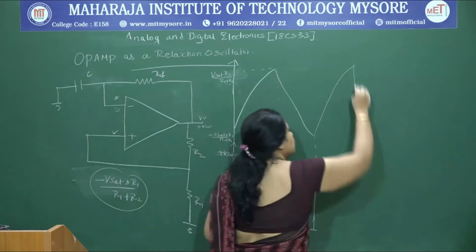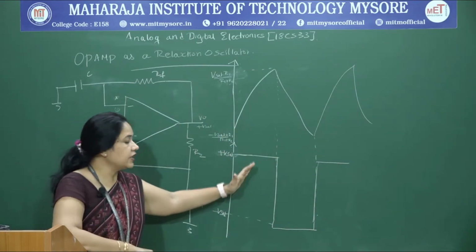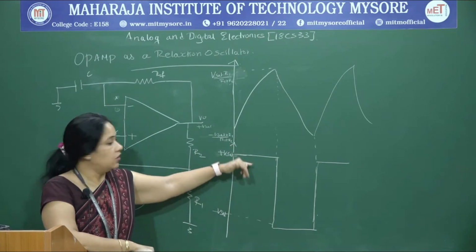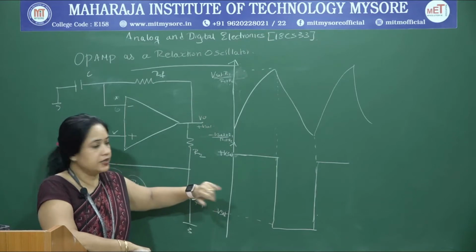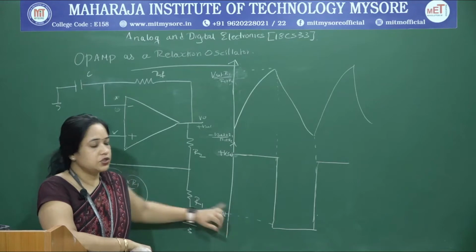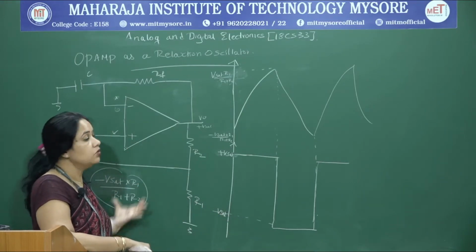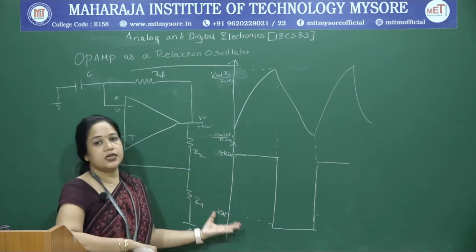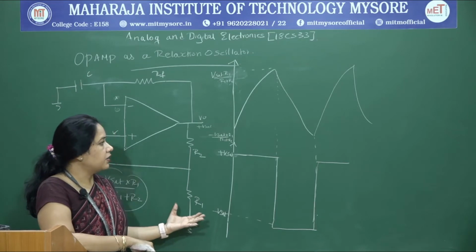So, this process of charging and discharging of the capacitor continues, producing a pulsed output at the output of the oscillator circuit. The output switches between positive and negative saturation, setting the upper threshold point to plus V sat into R1 by R1 plus R2, and when it drops to minus V sat, the threshold is set to minus V sat into R1 by R1 plus R2.